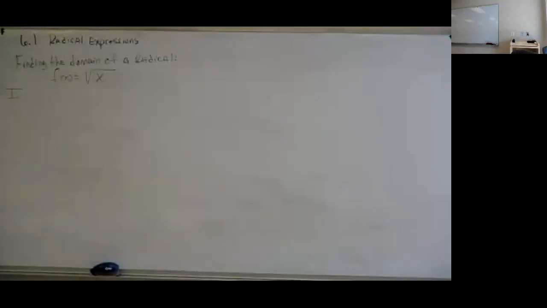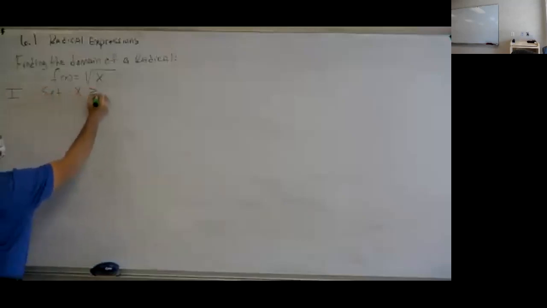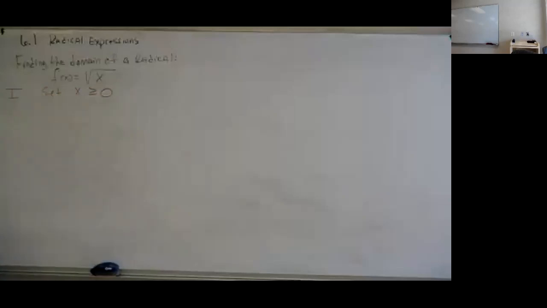So the first thing I do is whatever's under that radical, I want to set it greater than or equal to 0. So set that x greater than or equal to 0. Now you might have an x plus 2 under there, or 3x minus 5, or something, okay? So you're going to set it greater than or equal to 0.